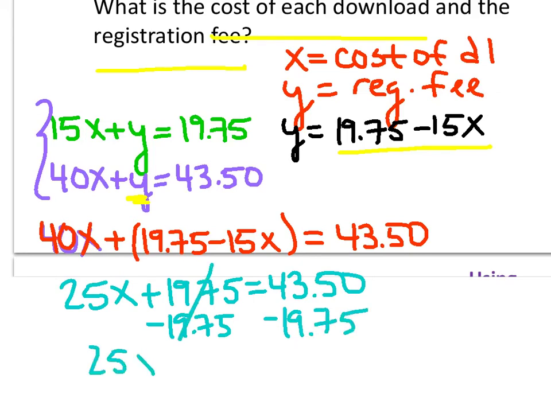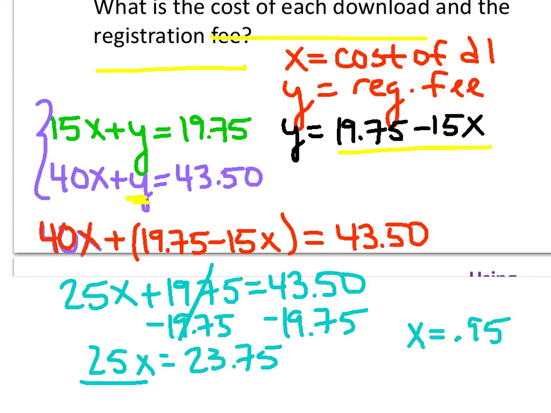So 25x equals, so 4350 minus 1975 gives me 2375. Now I need to divide each side by 25. So dividing that, I'm going to get x equals 0.95.